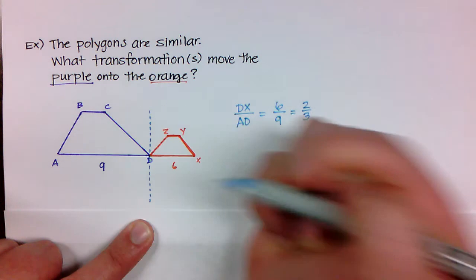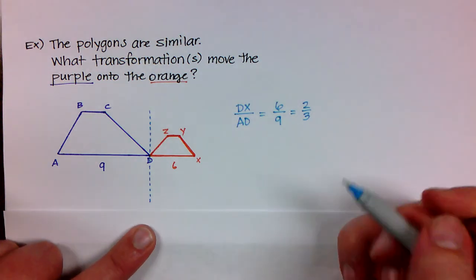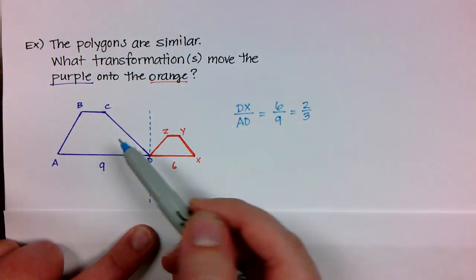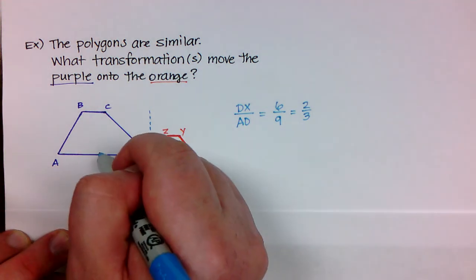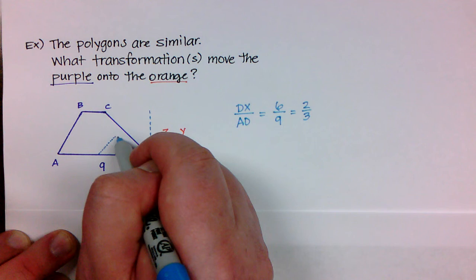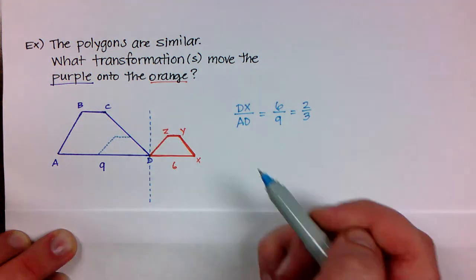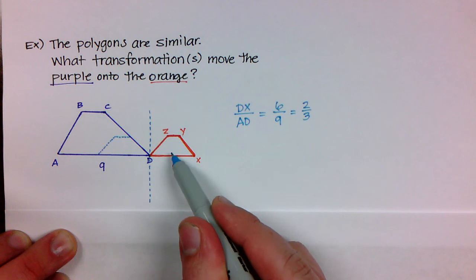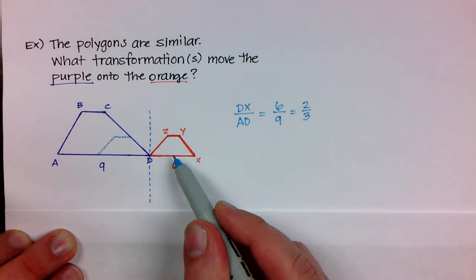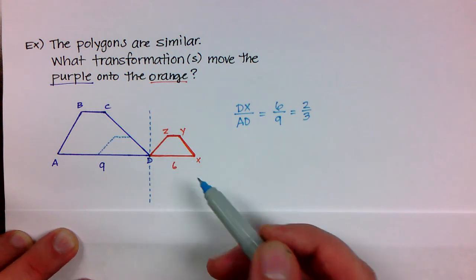it is rotating. So really what's happening is first you're doing a dilation, which means you're going to shrink it in this case. And so it's going to shrink into something like so. And so that's the first step, the dilation, and then I'm going to reflect it, and it's going to fit perfectly right onto the orange.